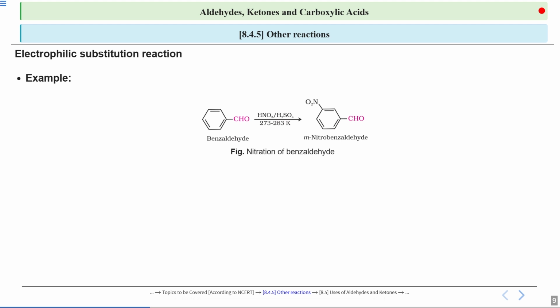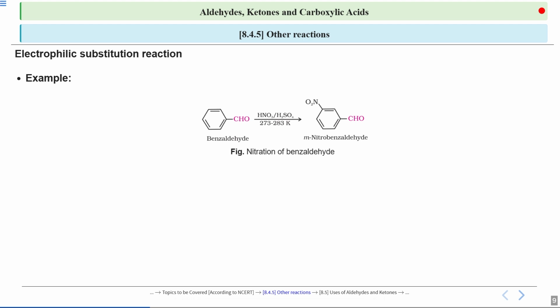The incoming NO2 group attaches at the meta position after reacting with HNO3 and H2SO4 in the temperature range 273 to 283 Kelvin. The NO2 group attacks at the meta position, because at the meta position there is more electron density compared to the ortho and para positions.